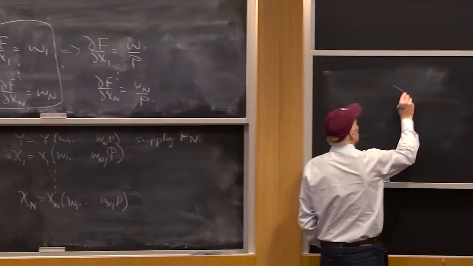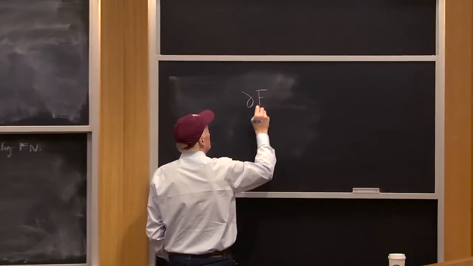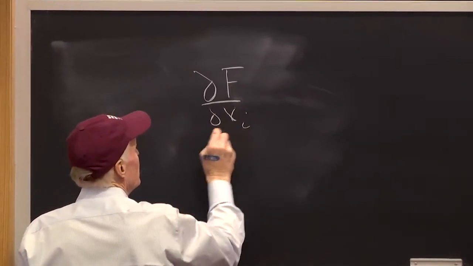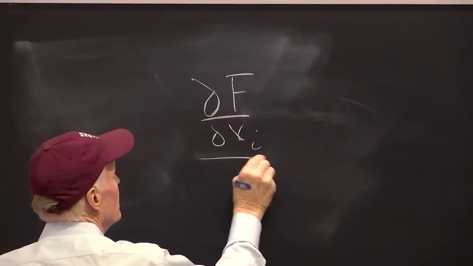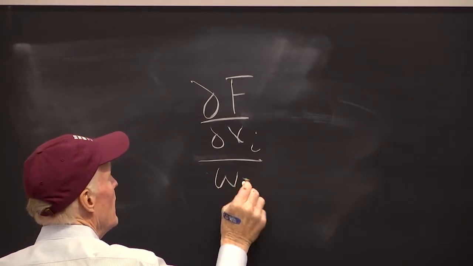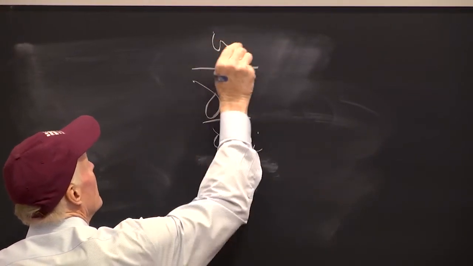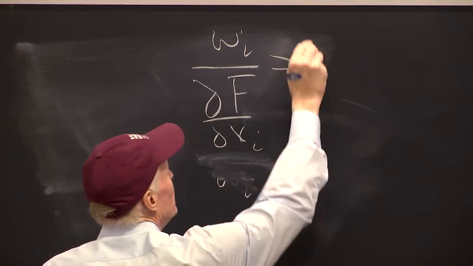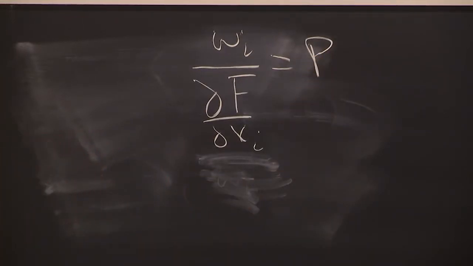Okay, so partial f partial xi equals wi divided by p. How about that one? Why is that marginal cost?